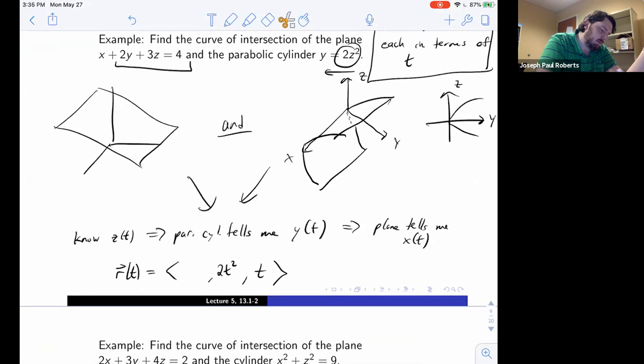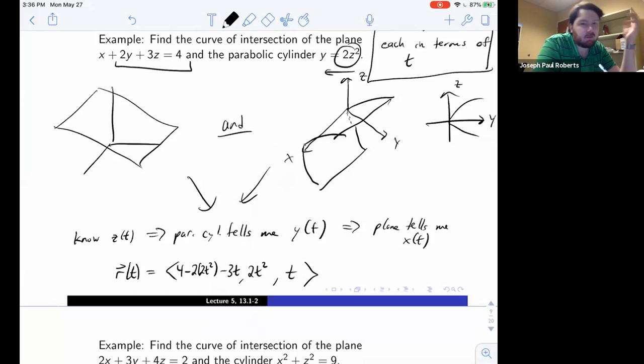Finally, the plane equation tells me x is 4 minus 2y minus 3z. Again, we want x, y, and z each in terms of t, and once we've decided what z is, we're done.